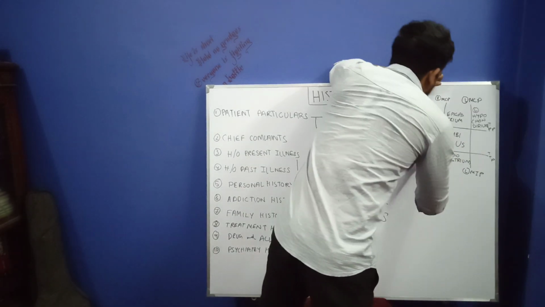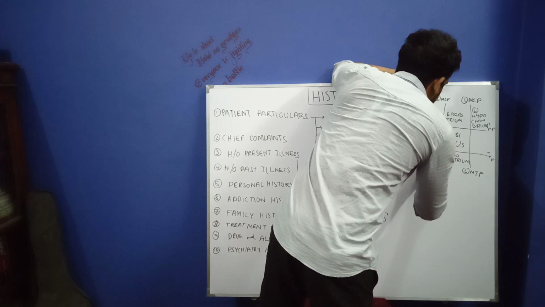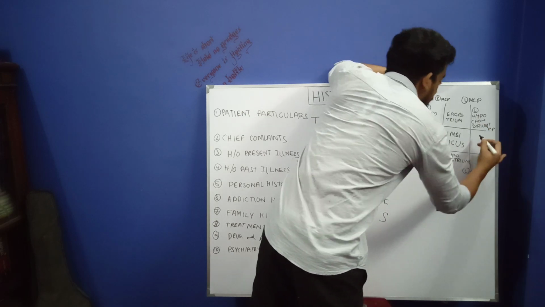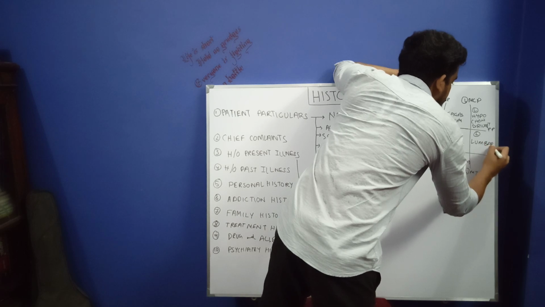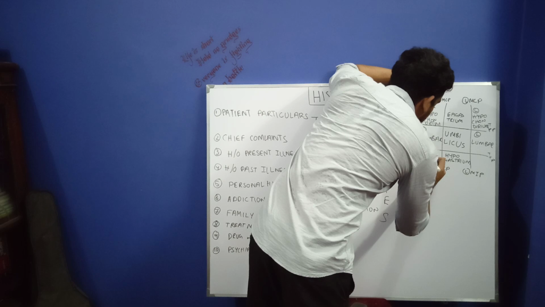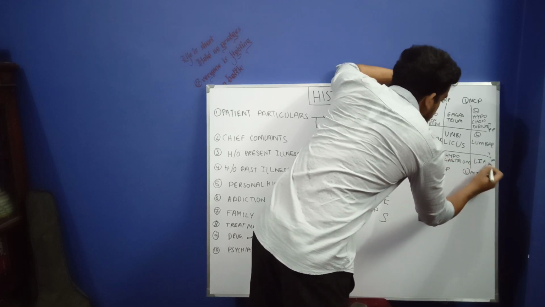To the left of umbilicus is right lumbar. To the right of umbilicus, I'm sorry. And to the left of umbilicus, you will have left lumbar. Now to the right of hypogastrium, you have right iliac fossa and you have left iliac fossa to the left.